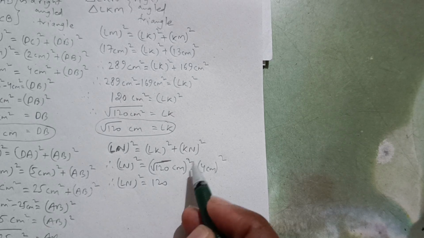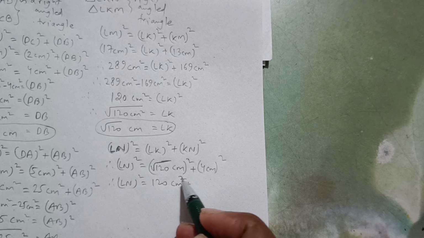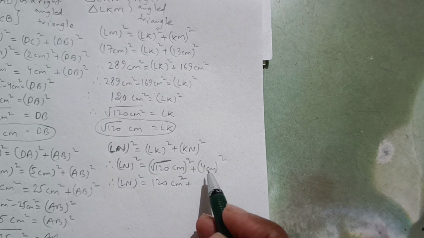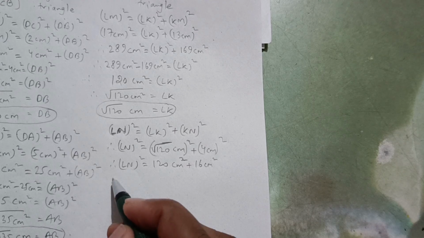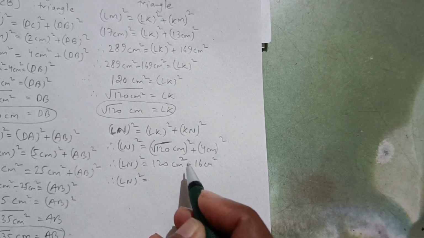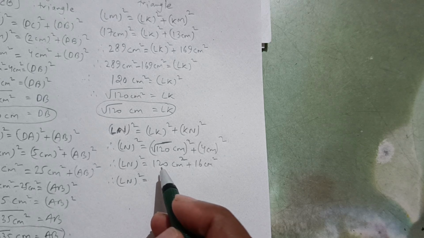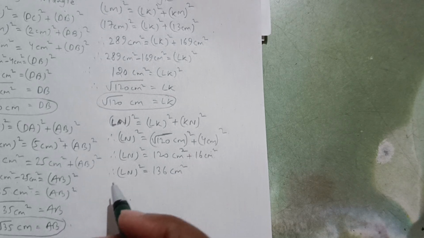So 120 centimeter square plus 4 centimeter whole square is how much? 4 square is 16, so 16 centimeter square. So LN whole square is 120 centimeter square plus 16 centimeter square. 120 plus 16 is 136. So 136 centimeter square.